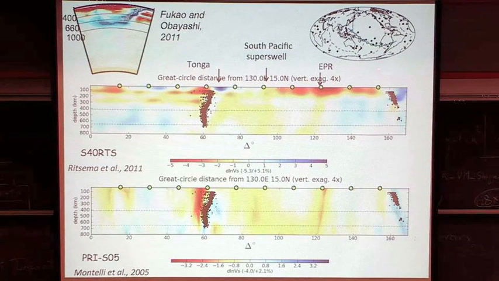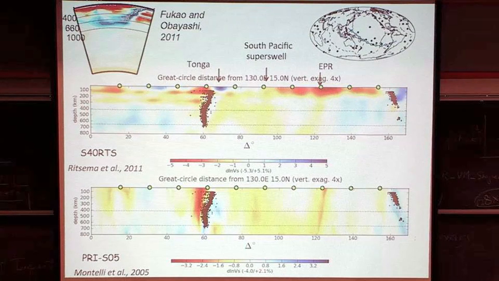On the other hand, it doesn't resolve the subduction zone very well because it is a long wavelength model. It only resolves long wavelengths. But anyway, this was just to illustrate that if you only use travel times in a global tomography, you will never resolve the uppermost mantle, and you will have problems in the oceans because of the inadequate sampling.